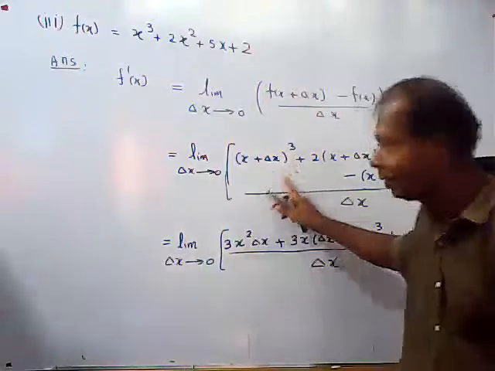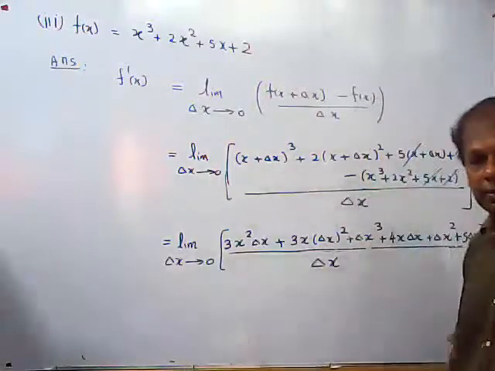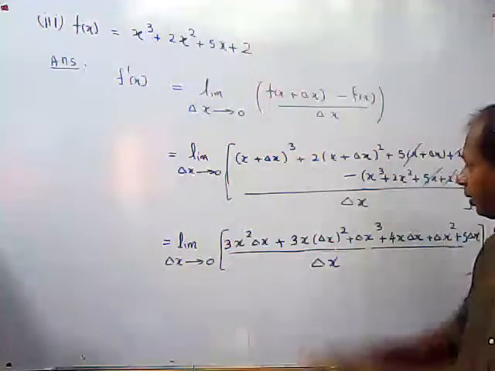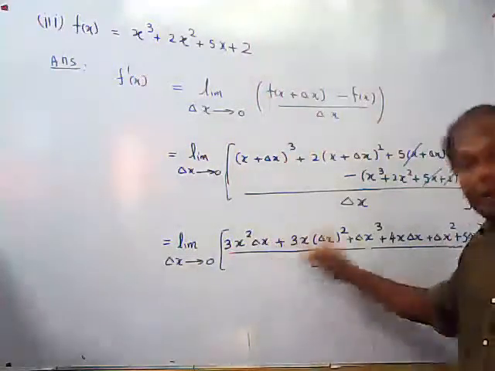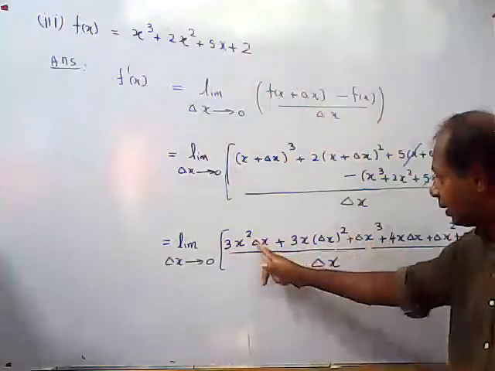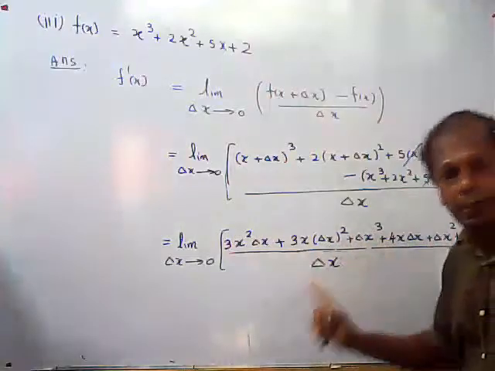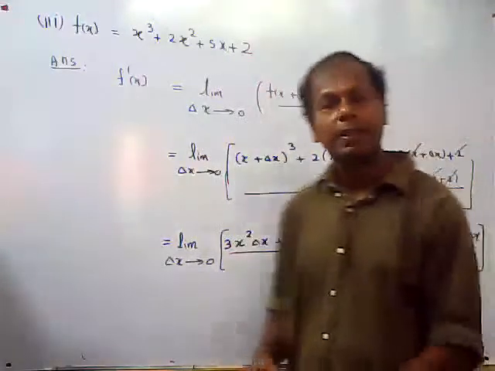And that's what you get simplifying this line. At this stage, you should have noticed that delta x is common everywhere. So delta x is common to all the terms, so delta x will get cancelled.